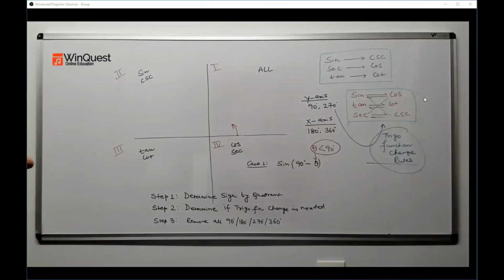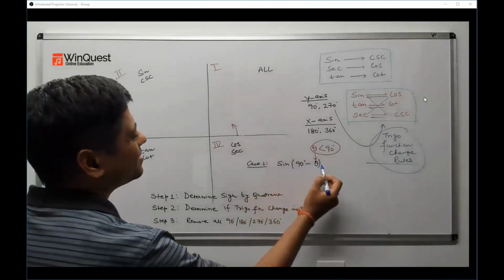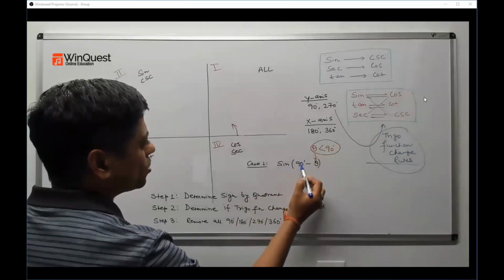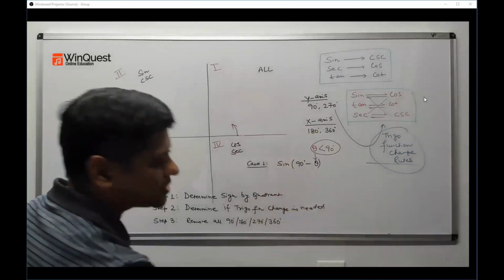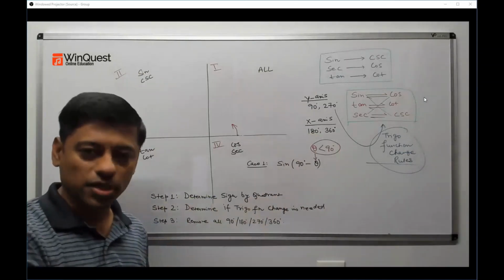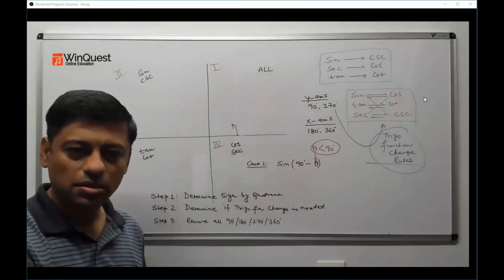Now, 90 minus theta, as I told you, theta is less than 90 degrees. So 90 minus something which is less than 90 degrees will be 20, 30, 40, 50, 60 degrees.